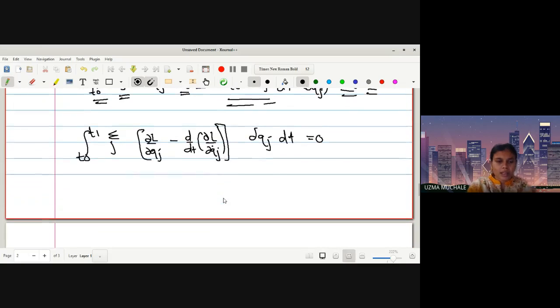Now what can we say about this, since Qj's are linearly independent? Why are Qj linearly independent?